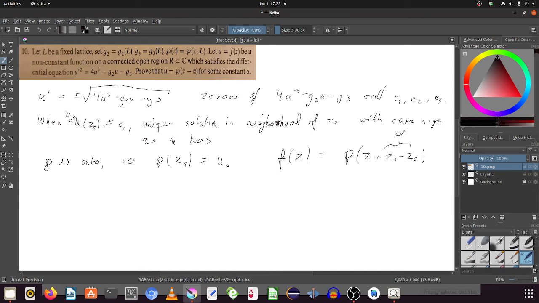So if the derivative vanishes, well, first of all, we have 3 constant solutions to the differential equation.